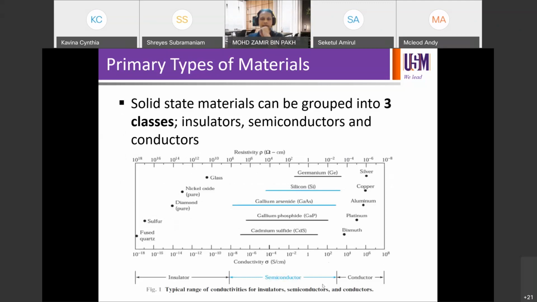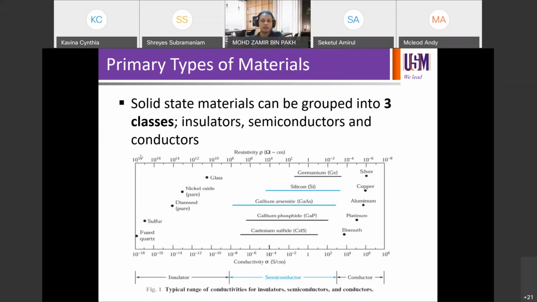So there are basically three primary types of materials. So we can group them into three categories that are insulators, semiconductors, and conductors. So what differentiates these three different classes can be seen on this chart.